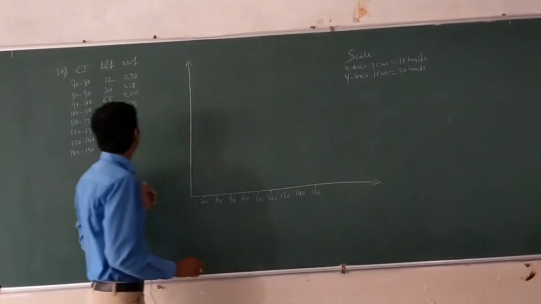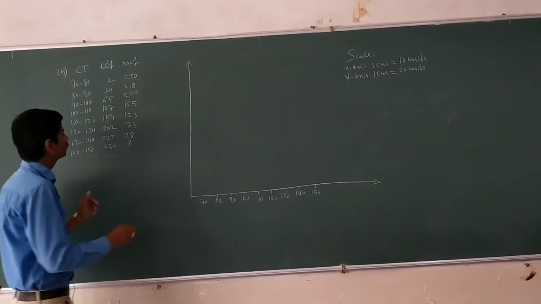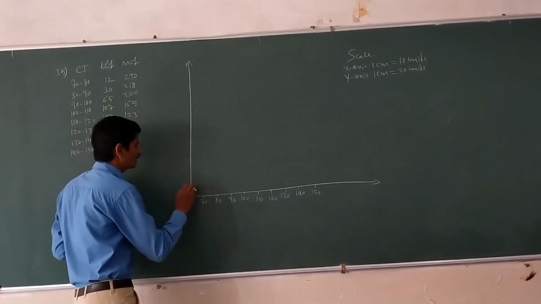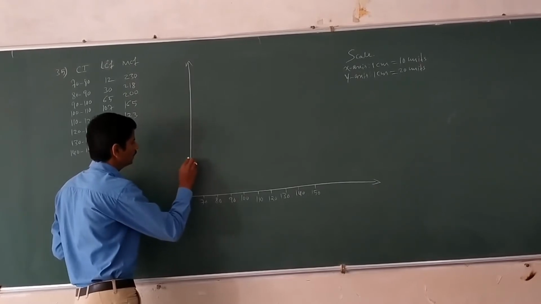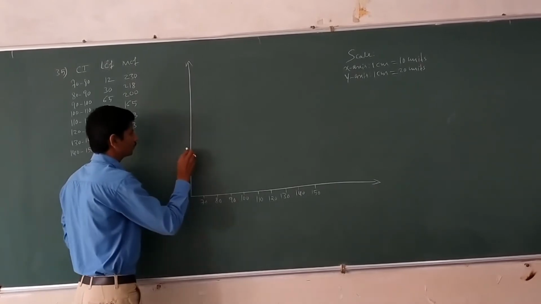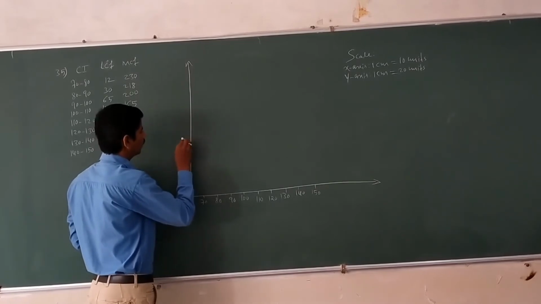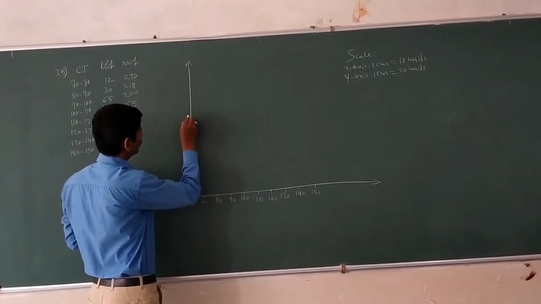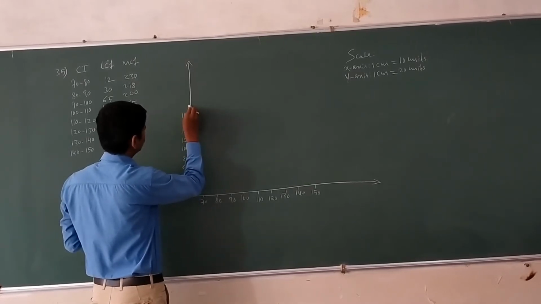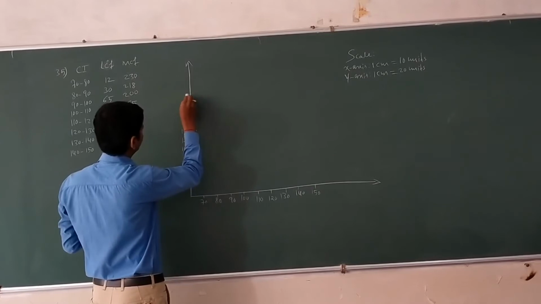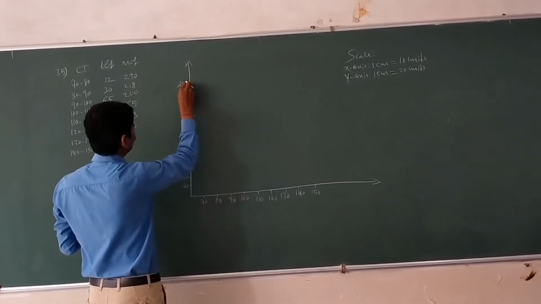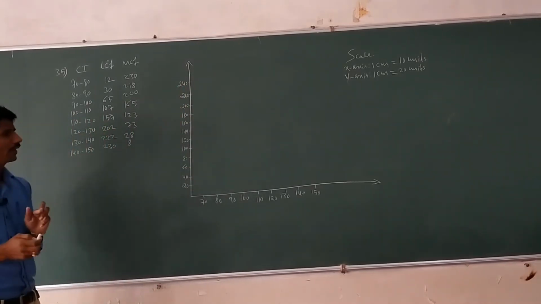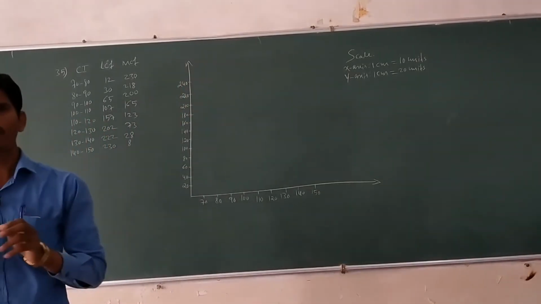With respect to LCF and MCF, here 1 centimeter is 20 units: 20, 40, 60, 80, 100, 120, 140, 160, 180, 200, 220, and 240.